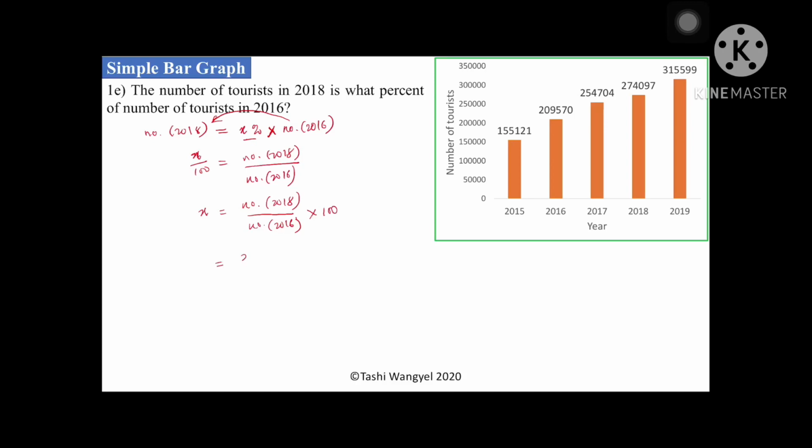So the number of tourists in 2018, 274,097, divided by the number in 2016, 209,570, into 100, gives 130.79%.